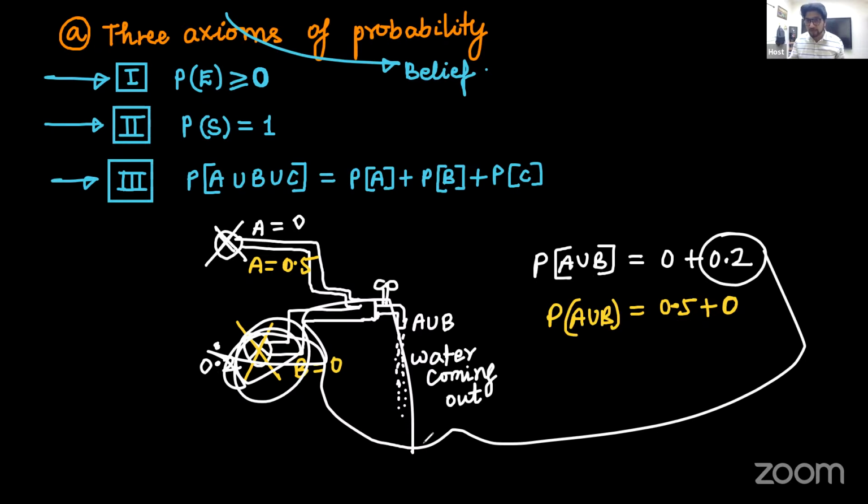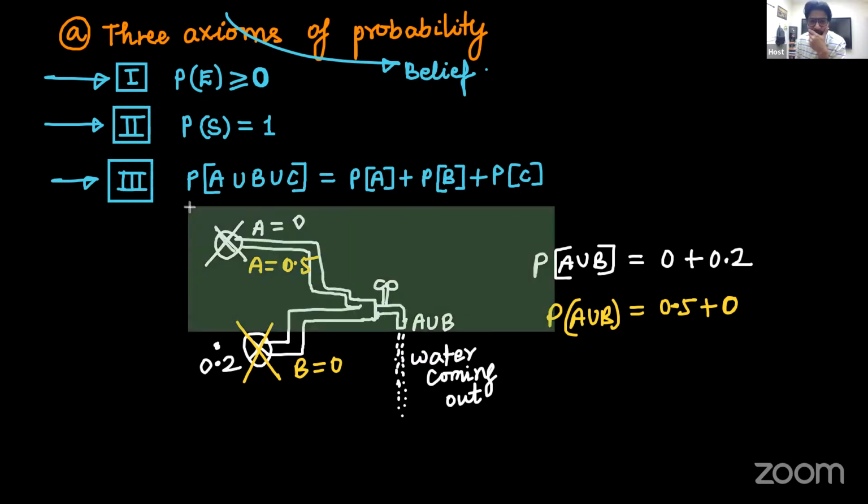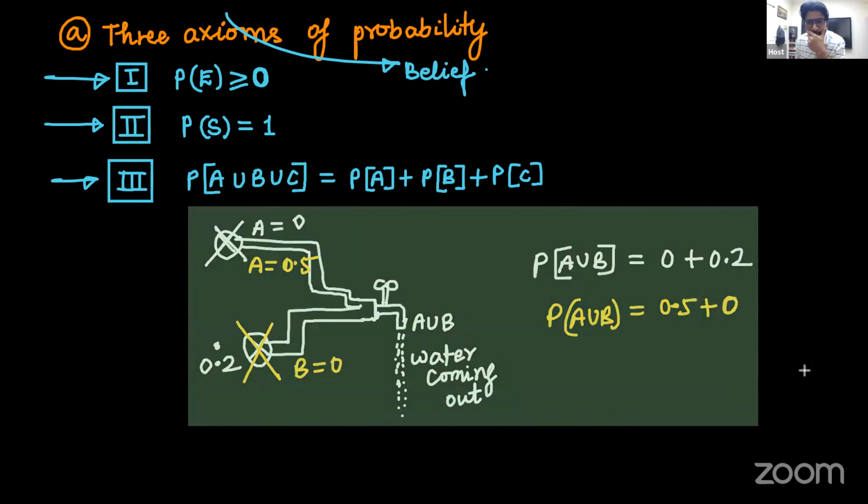In case both work, you obviously have more chances of water coming out. So my dear friends, this imaginary setup is the justification of the third axiom.